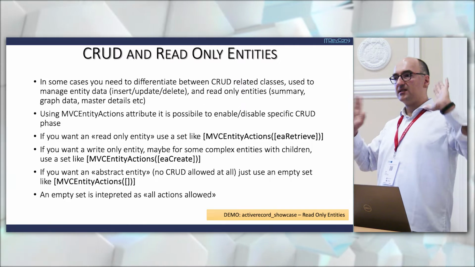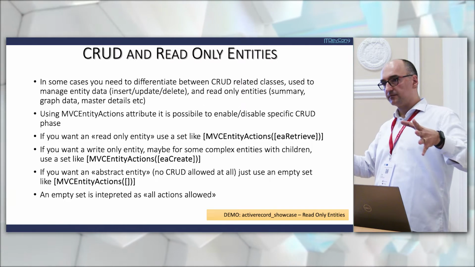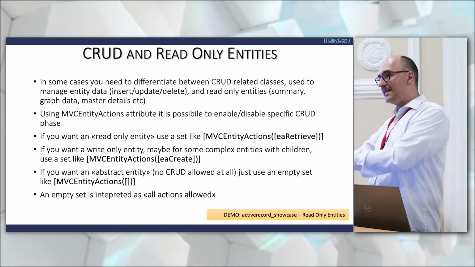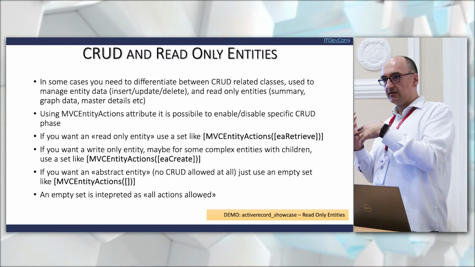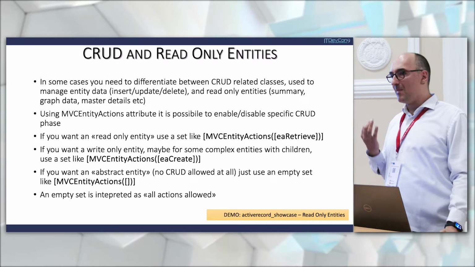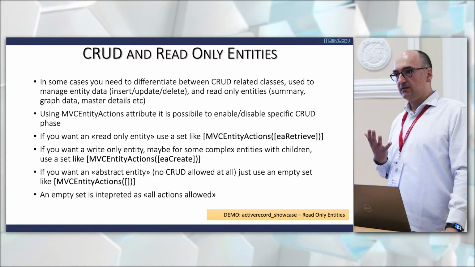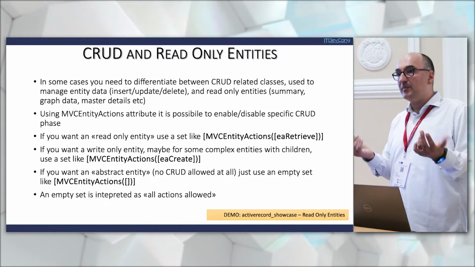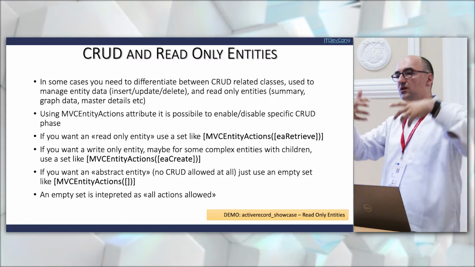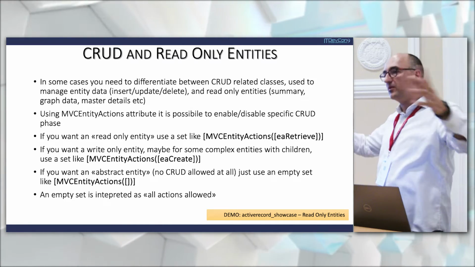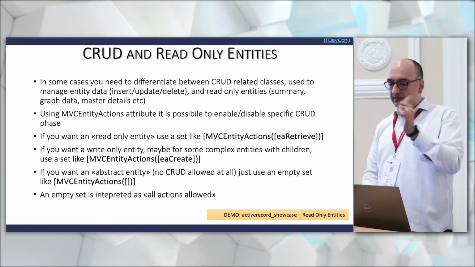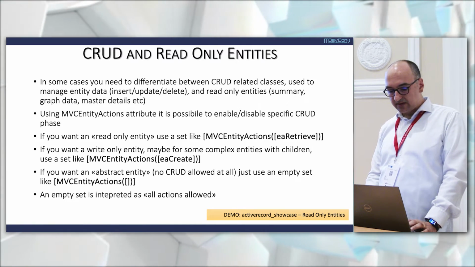So we can just use SQL to execute on the database and then map the result set on a summary object. A summary object must be read-only because it doesn't make sense to persist one row of that DB grid, because it's an aggregation, it's a join with 20 tables. In this case, I have to handle read-only entities.